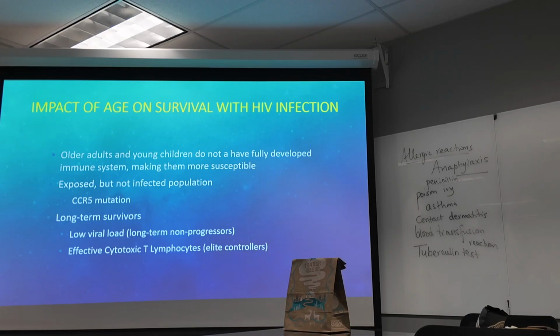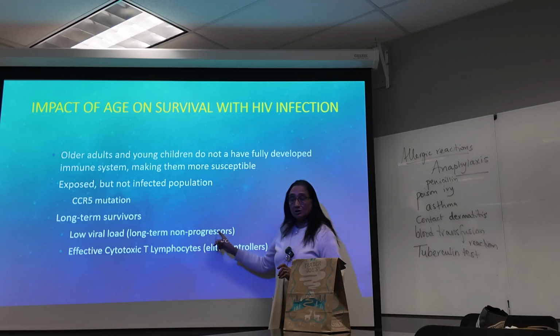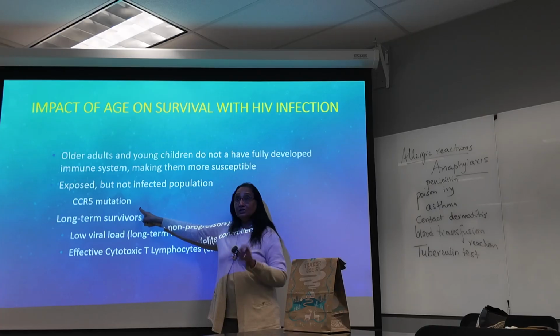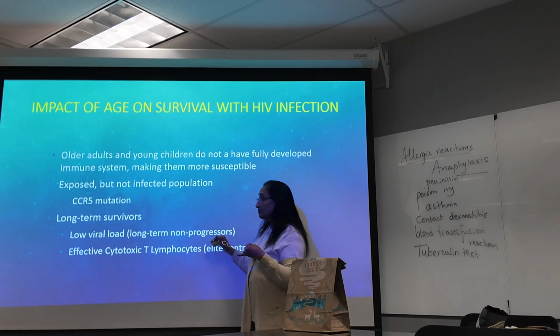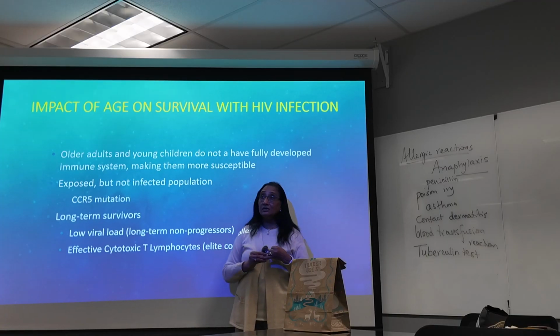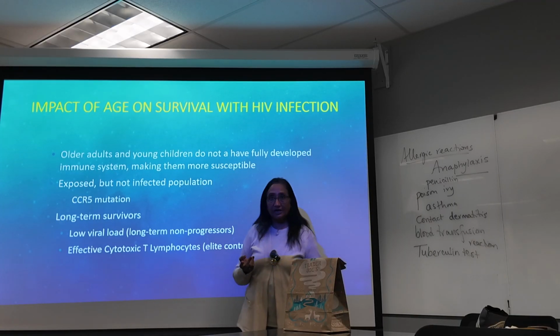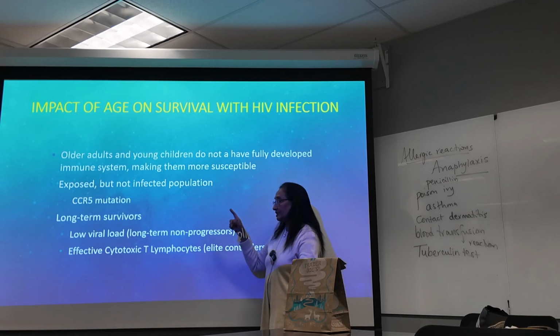There have been a lot of cases where some people are not infected at all. Like I said, people who have this mutation don't have that co-receptor, and they don't seem to get infected. They have also seen certain populations of people who somehow seem to survive without having active infection.